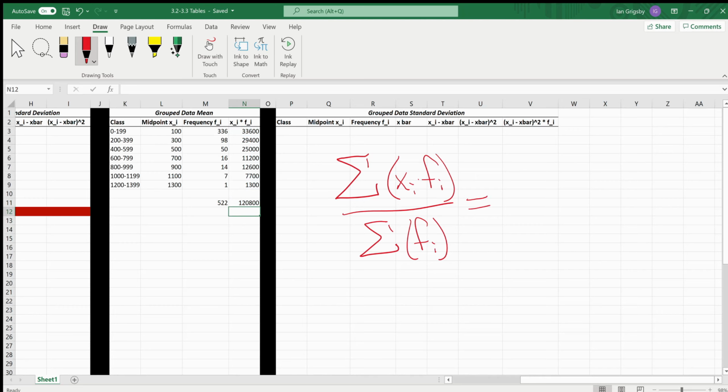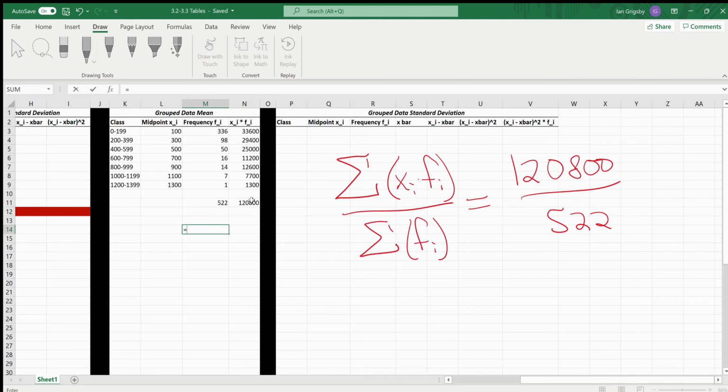Now what you should be thinking is, hey, all I need to do now is 120,800 divided by 522, because that's exactly what those numbers are. And in fact, that's completely accurate. So equals this number divided by this number, and you find that your mean is approximately 231.47. So this is your number for your mean.